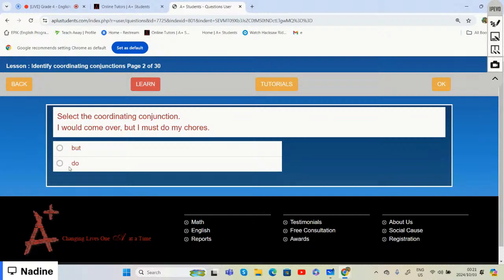If we were to select the coordinating conjunction, is it option one, but, or option two, do?